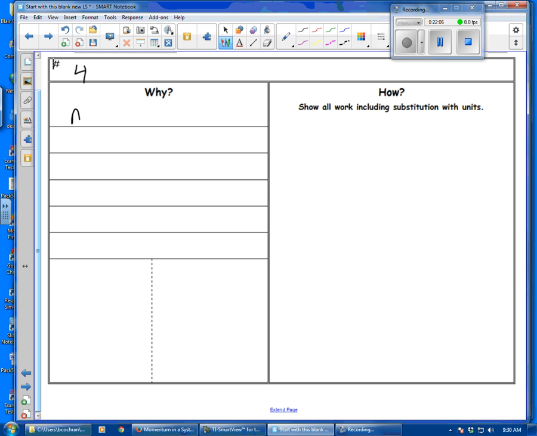You know that momentum is... fill it. The 2 cars are a system. Momentum is conserved. Fill in the rest.